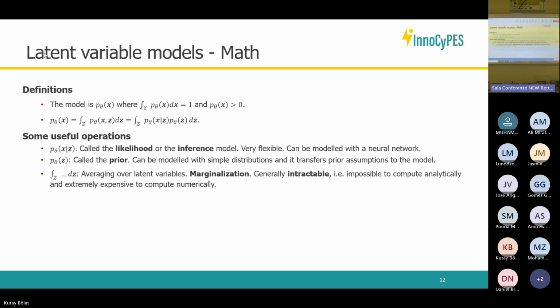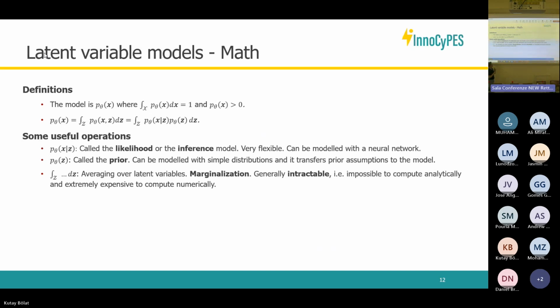We call this p(x|z), which is the decoder distribution. We call this the likelihood or the inference model, which can be very flexible, and can be modeled with a neural network. Please be aware that this is a low to high mapping, which is very different from the usual machine learning things, because generally you take a large input and try to estimate one output, either a class or a final output for regression. p(z) is called the prior.